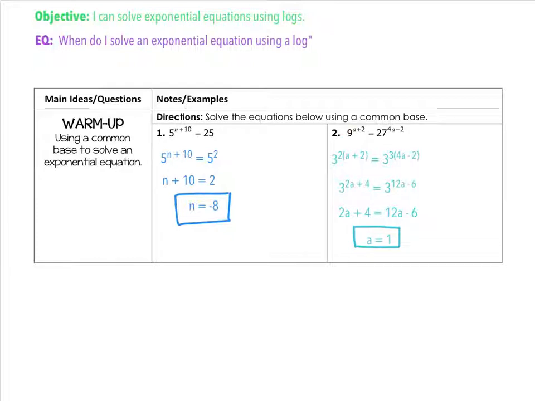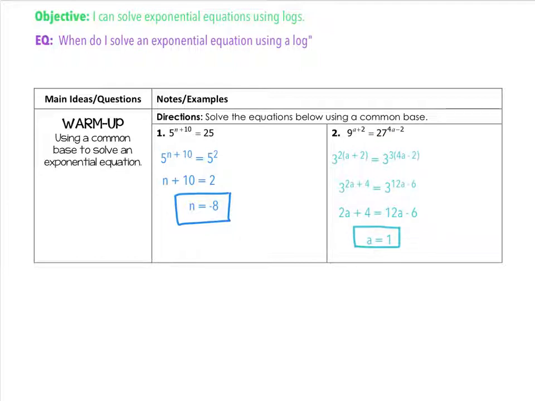When I look at 9 and 27, I see that I don't have a common base. I need to make 9 and 27 have the same base. The base wouldn't be 9 because I can't make 27 a base of 9, so I'm going to go even smaller and recognize that they both are a base of 3. So 9 would be 3 squared, and 27 is 3 to the third.